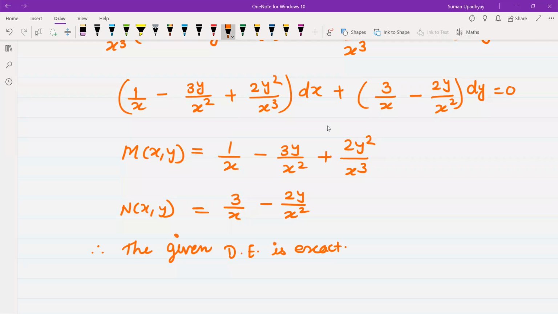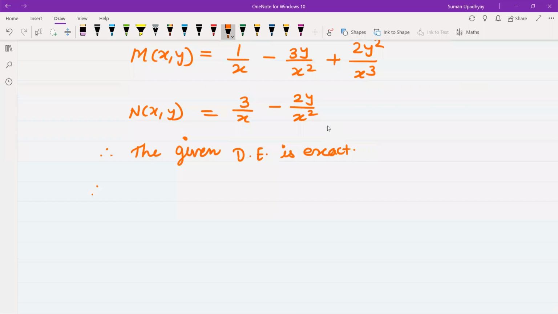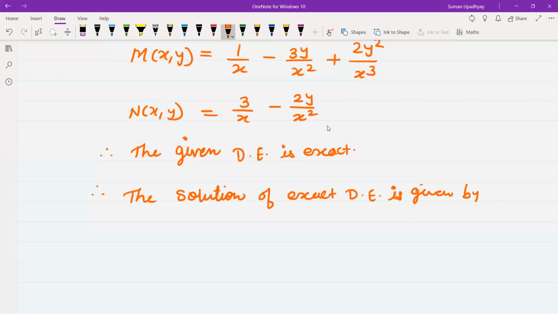Now you apply the formula for the solution of an exact differential equation. Therefore, the solution of an exact differential equation is given by, tell me what was the formula?